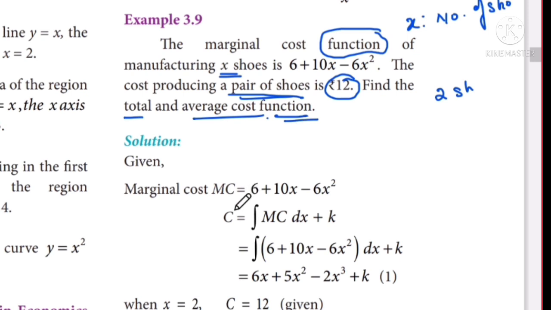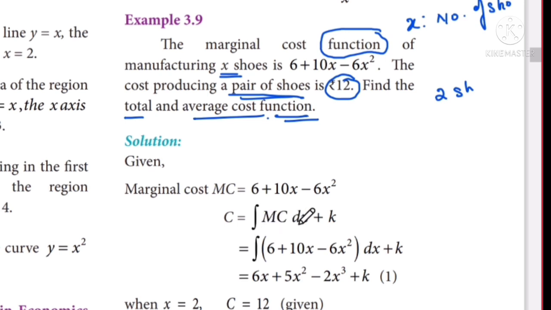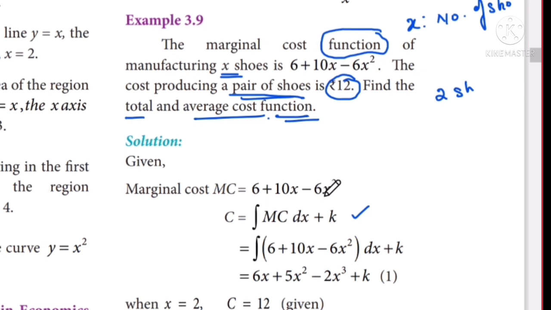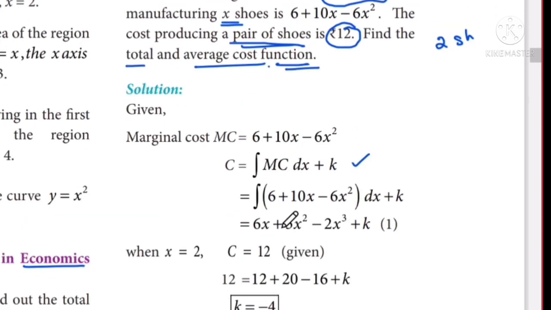So how do you find the cost? What is the formula to find the cost? Integration of marginal cost dx plus k. What is the marginal cost? 6 plus 10x minus 6x square. Okay, then integrate this. So you are putting the constant as k.